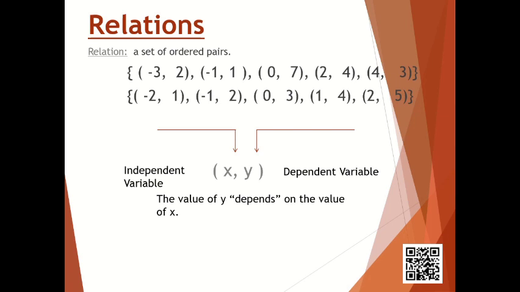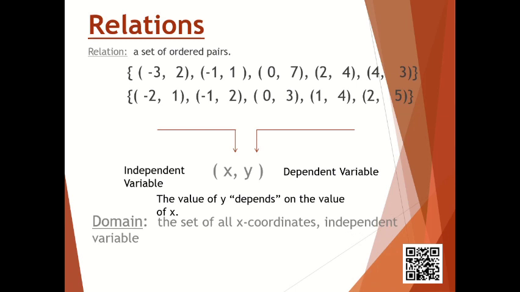Diba ginagawa sa isang equation, like a linear equation, you substitute a number for x and it will result in the value of y, diba? As long as the value of x changes, that also happens to the value of y. Alright, I hope you all get my point.